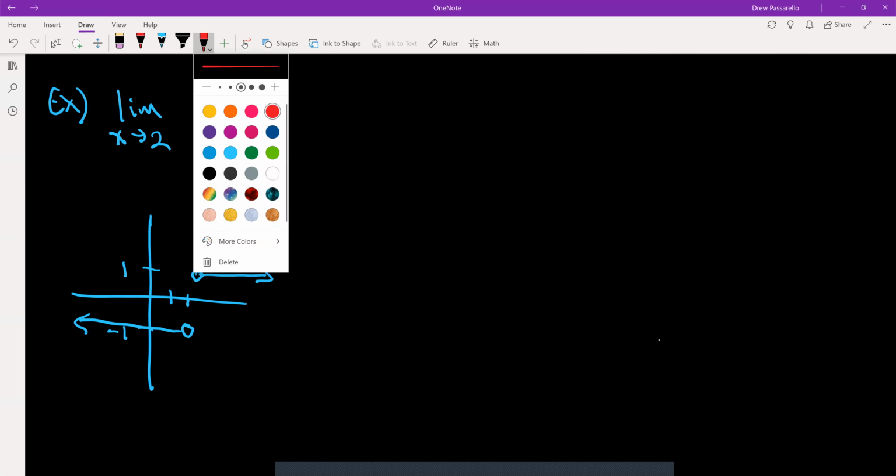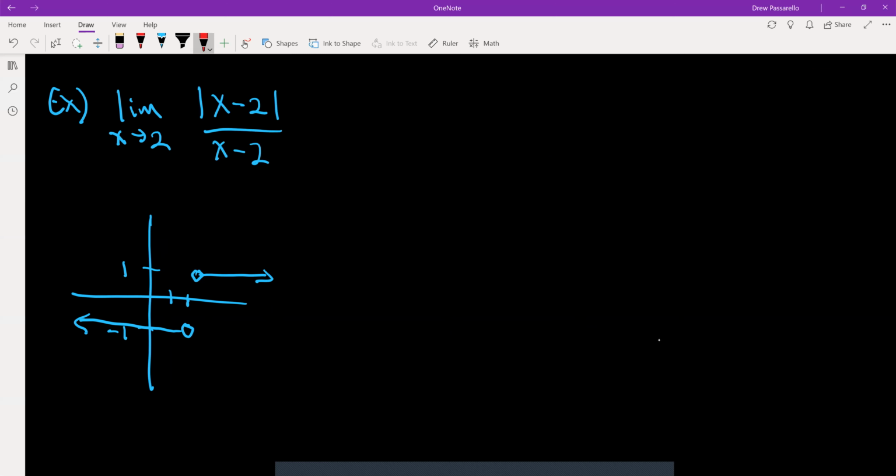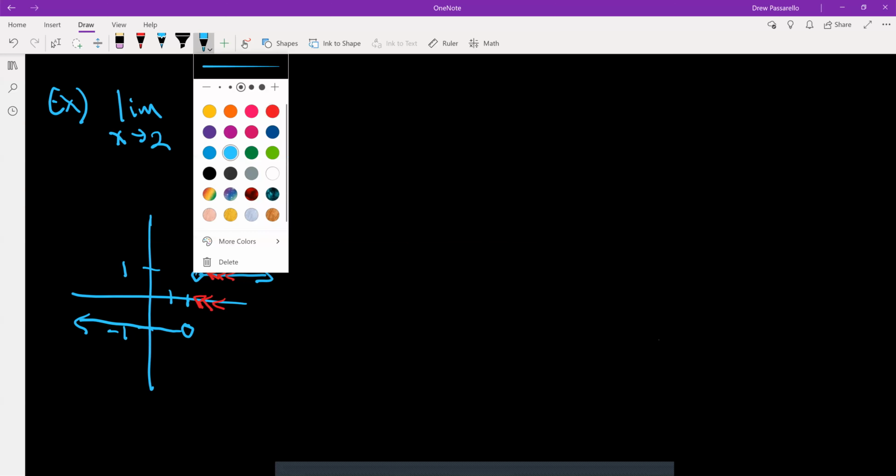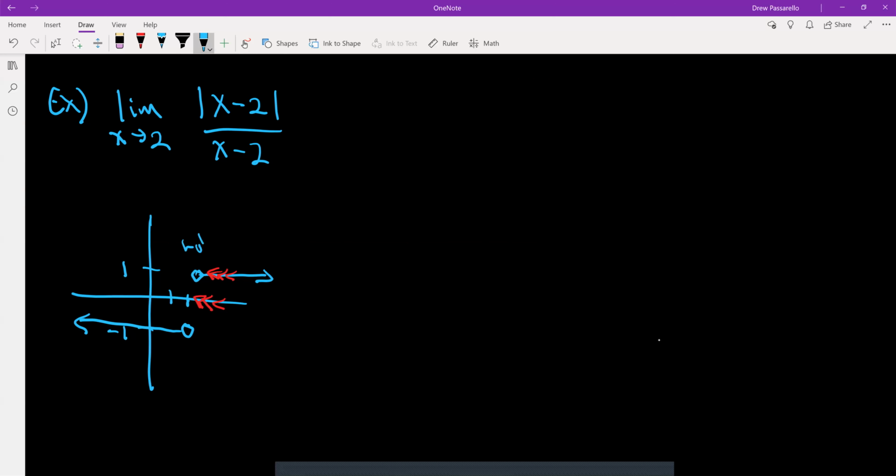Now, if I focus on, well, what's the limit? If I'm approaching 2 from the right side, my y coordinates jump to this part of the graph, just this line, and they're getting closer and closer to that hole. And that hole has a y coordinate of 1. So that's (2, 1), the hole.